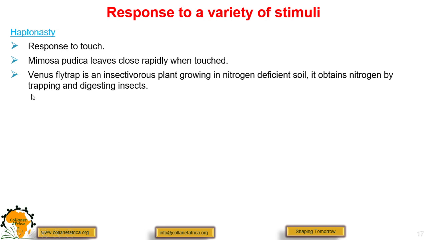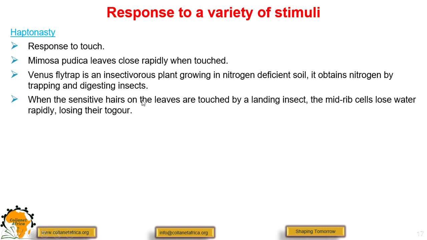There is another insectivorous plant called Venus flytrap, and it grows in soil lacking or having very little nitrogen, and for it to obtain nitrogen, it has to trap some insects and then digest them.